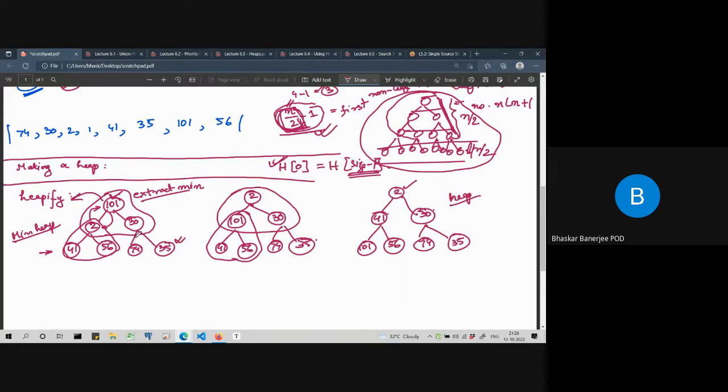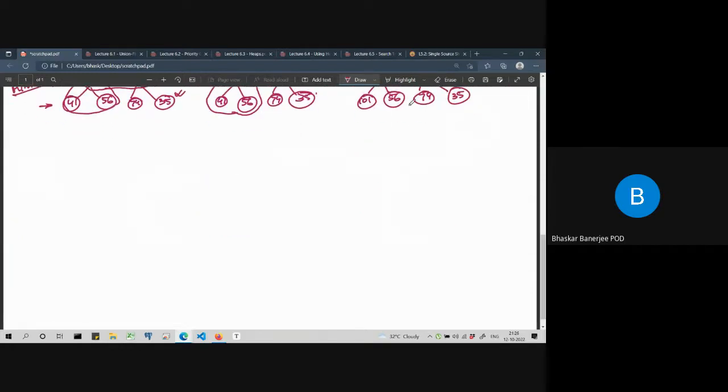So it's a very simple operation, heapify. What we do is we consider the root node, we compare it with both of its children, we find out the minimum one, swap it with the parent if it is the minimum, and then again repeat the step for the swapped node. So if I have to write a small code for this, how would that code look?